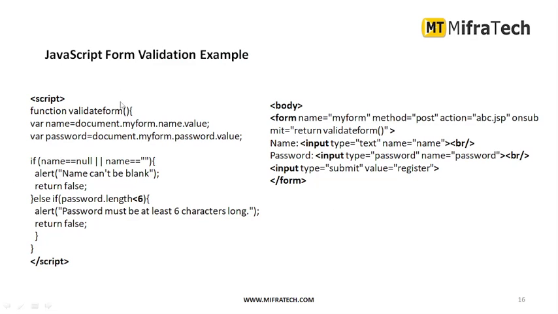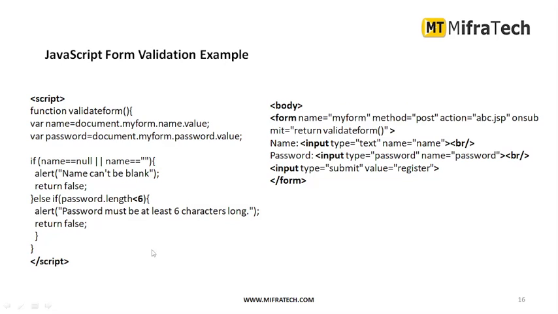Function validateForm, the function being called. We are validating the name and the password. If the name is null, alert "Name can't be blank" and return false. The password length must not be less than 6 characters, so alert "Password must be at least 6 characters long" and return false.